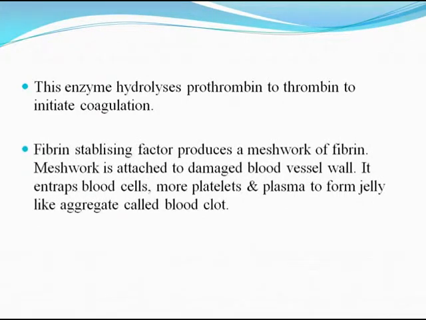And finally, fibrin stabilizing factor produces a meshwork of fibrin. The meshwork is attached to the damaged blood vessel wall. It entraps blood cells, more platelets and plasma to form a jelly-like aggregate called a blood clot.